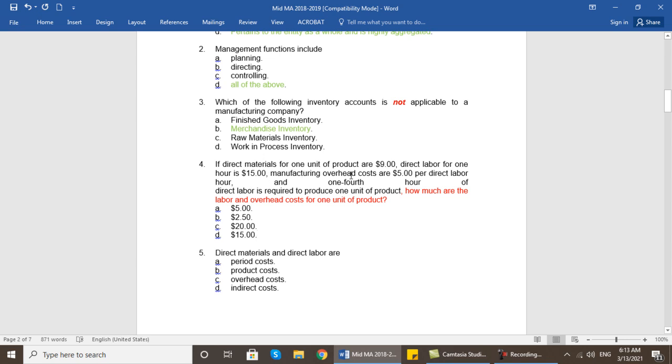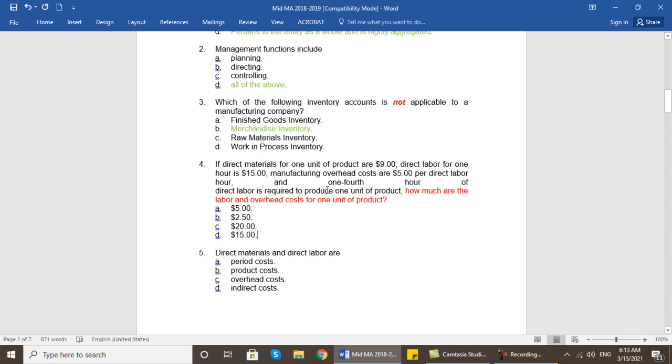Manufacturing overhead costs are $5 per direct labor hour. So for 1 hour, this cost is $20, 15 plus 5 equal $20.